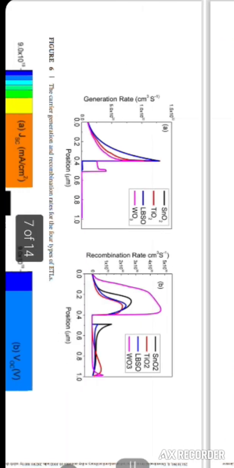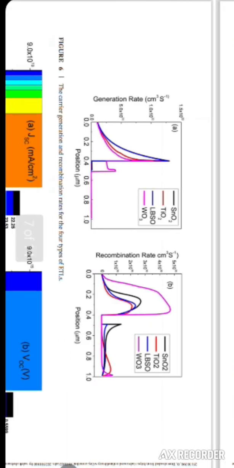Next, they study and plot the generation and recombination rate of the cell, which came out as follows. We note that generation came at the perovskite layer, and recombination came in different places throughout the cell, but the lowest recombination rate here came from titanium dioxide.